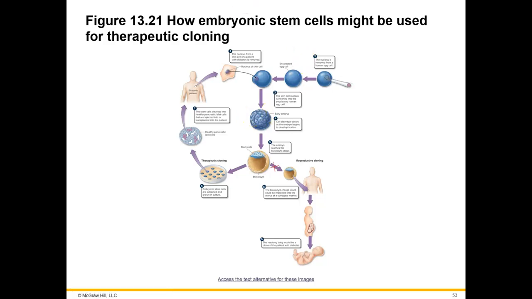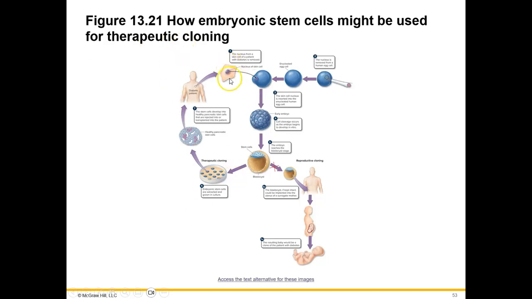Normally, with an embryonic stem cell introduction without the use of therapeutic cloning, you would just grow those embryonic stem cells and put them into the person. The immune system is very likely to then attack the embryonic stem cells before they can be of any benefit.